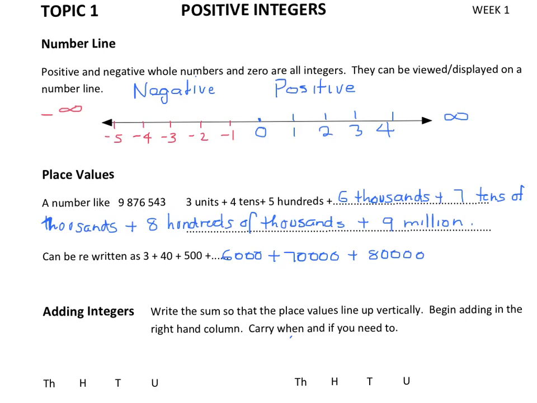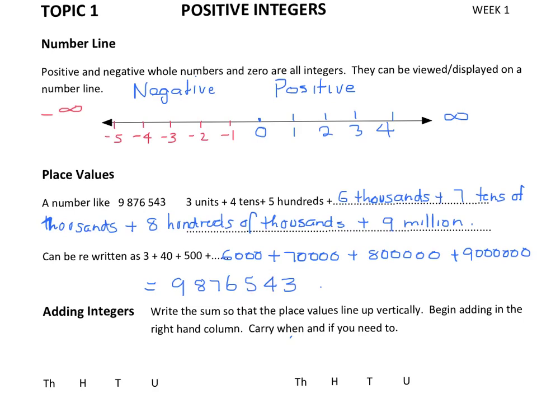How many zeros? That's 5 zeros, plus 9 million. So that's a 9 with 6 zeros. Again, it's slightly shorter than writing it out by hand, but the easiest way to write it, of course, is 9,876,543. So every time we actually say the number, we are referring to the place values.